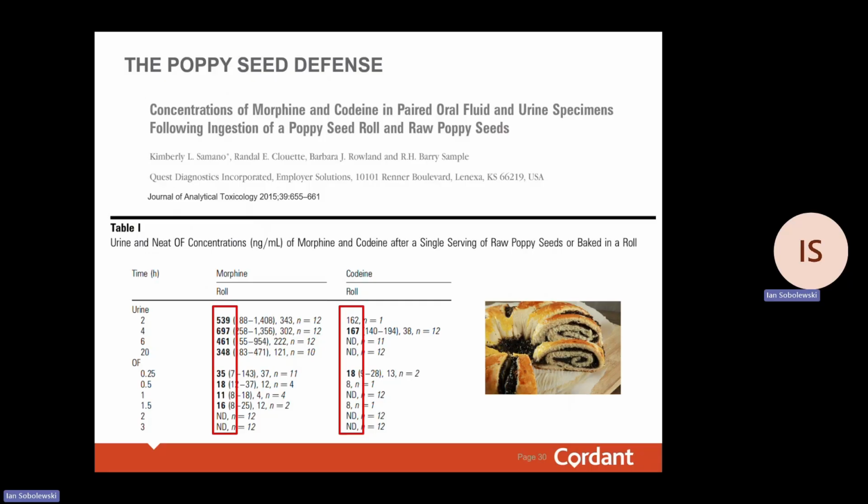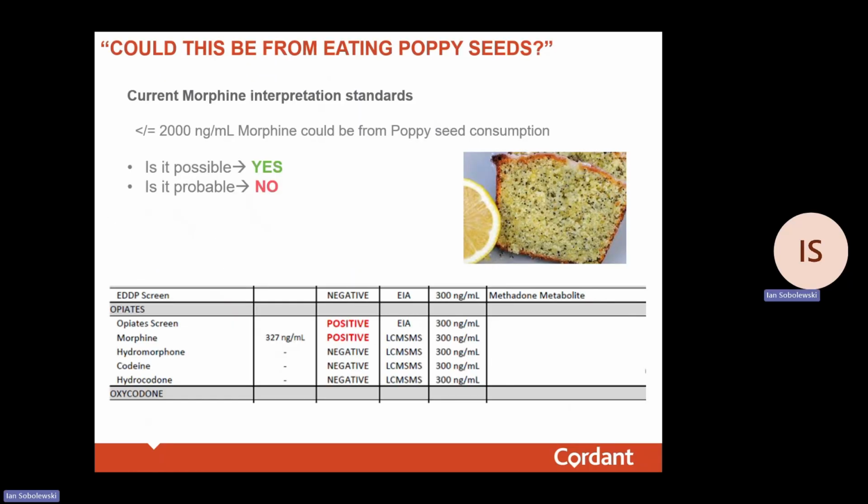So the highest level of morphine they got in urine was 4 hours after consumption, and the highest level it got was 697. That's even more exaggerated in oral fluid, where 2 hours after consumption, morphine levels stopped showing up. So is it possible? Yes. Is it probable?